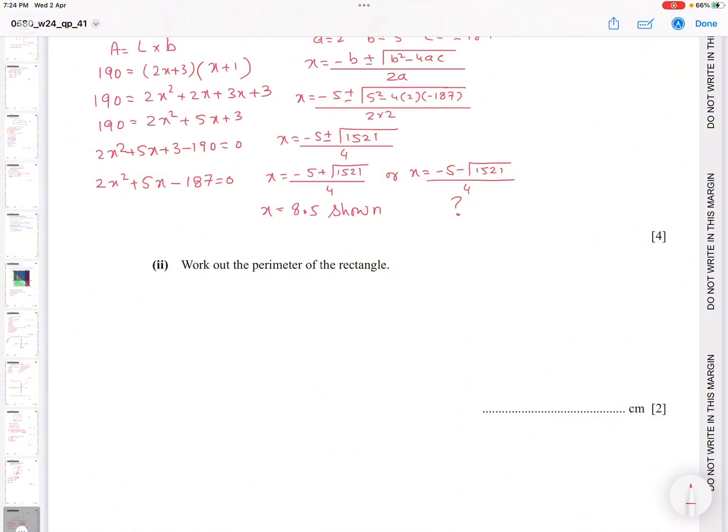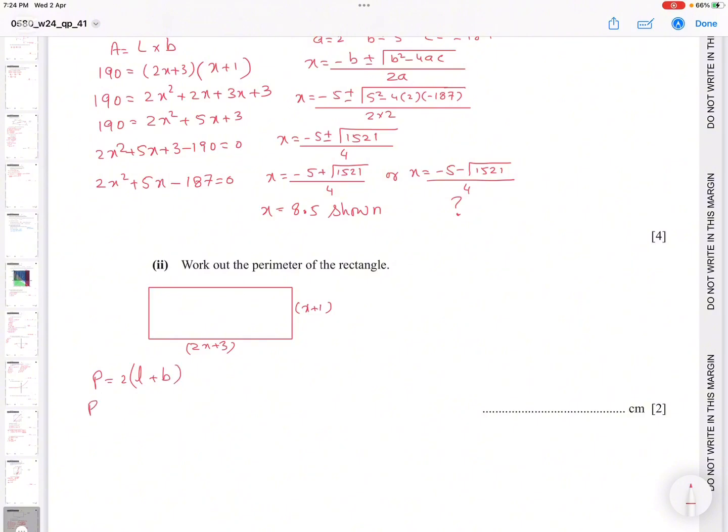Work on the perimeter of the rectangle. So actually in our rectangle, our length was 2x plus 3 and the width is x plus 1. So you just place the value of x in it, and you remember the formula: perimeter equals 2 times length plus breadth.